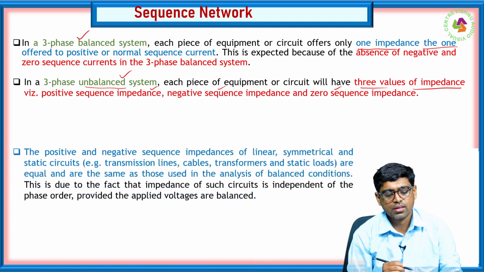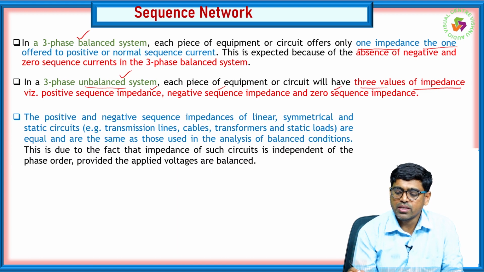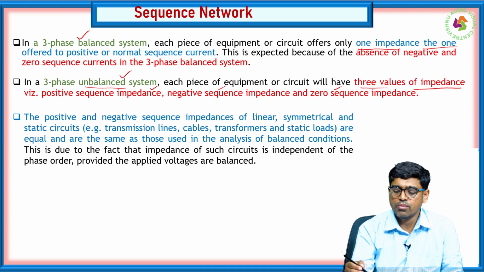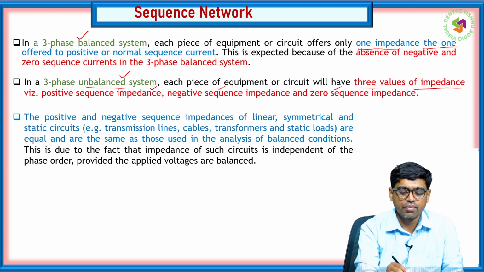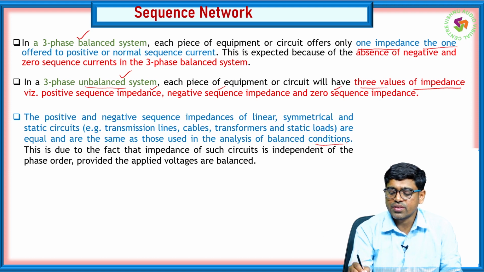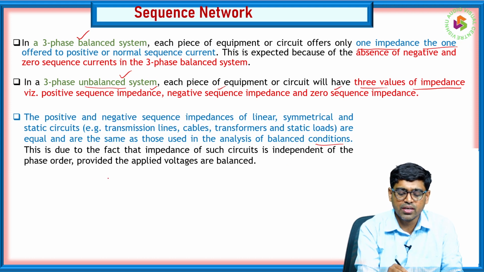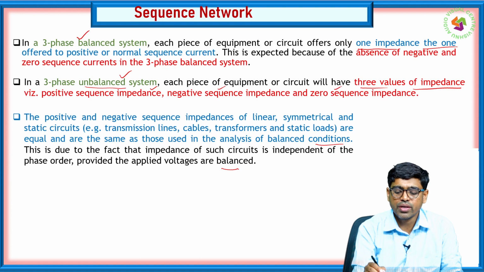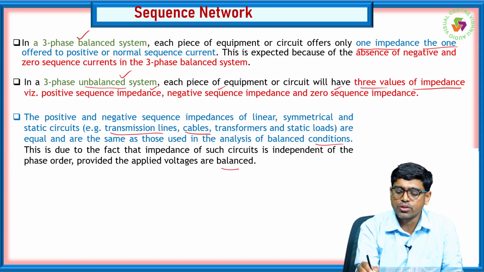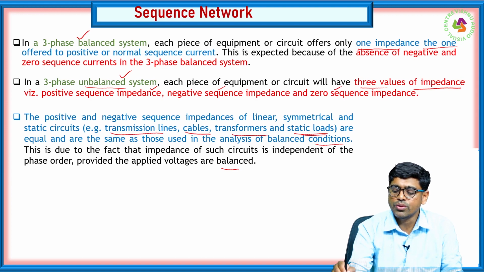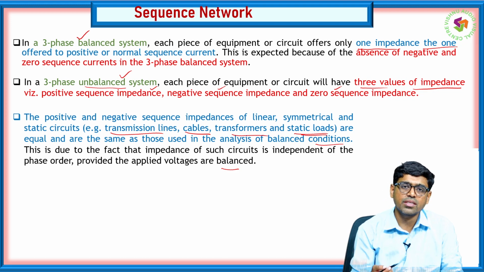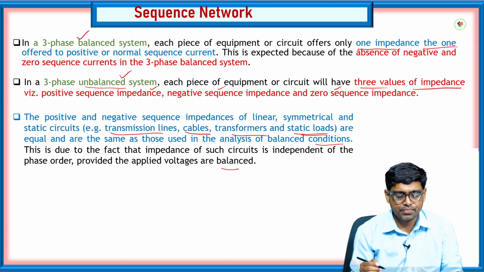The positive and negative sequence impedances of a linear, symmetrical and static circuit like transmission lines, cables, transformers and static loads are equal and are the same as those used in the analysis of balanced conditions. This is due to the fact that the impedance of a circuit is independent of phase order, provided the applied voltages are balanced. So you can see that in transmission lines, cables, transformers or static loads, the positive and negative sequence impedances are the same.